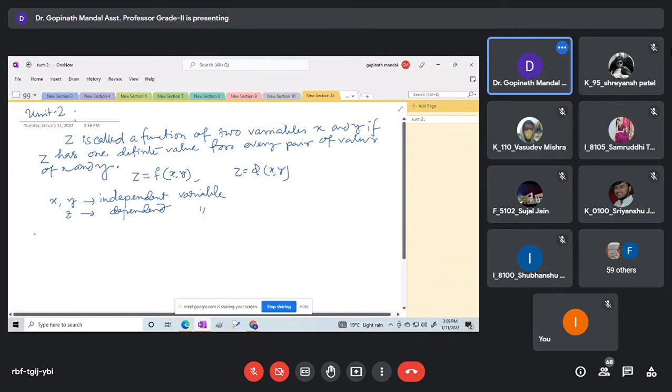Geometrically, z, which is a function of x and y, represents a surface in space. This is x, y, z. Then the function z equals f of x, y represents a surface in the space.